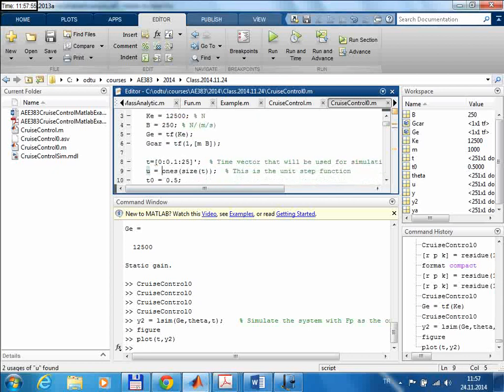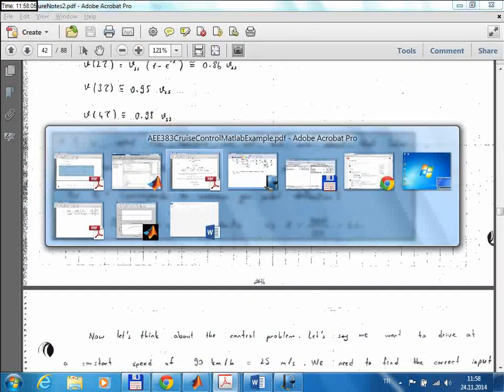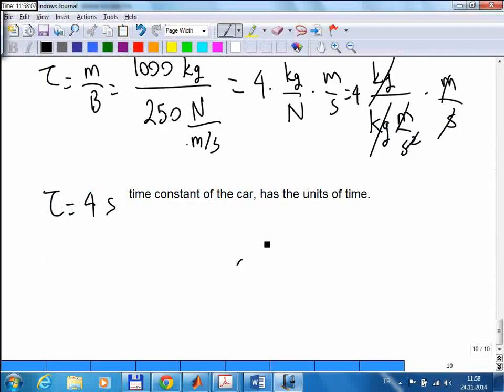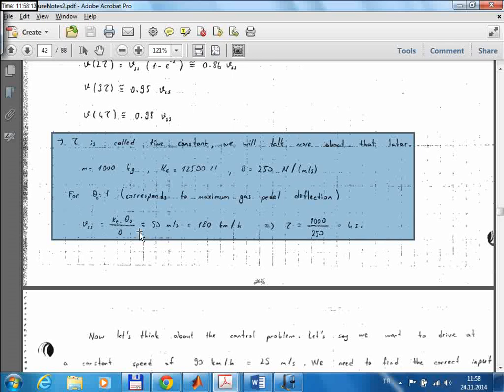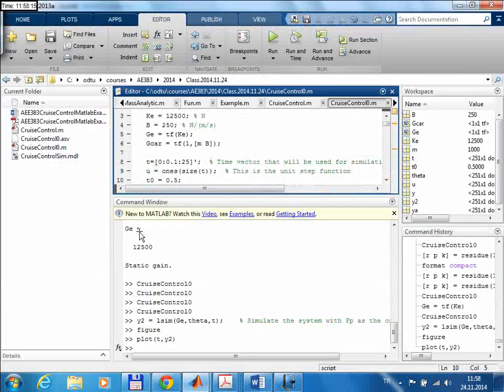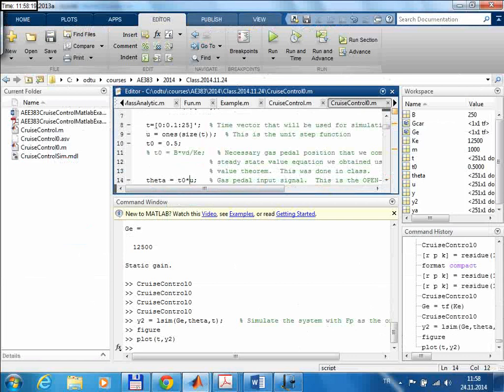Input, this is the step input. And I choose theta 0 as 0.5, so I use a gas pedal position of 1 over 2. So this is my theta 0. I put it right there.